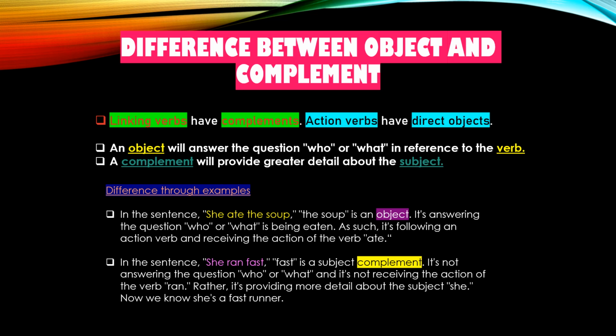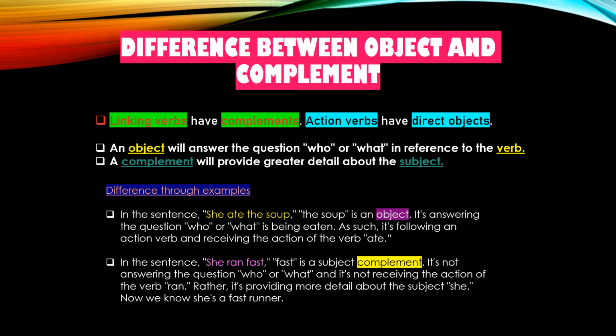So in the sentence, she ate the soup, the soup is an object. It's answering the question of who or what is being eaten, right? As such, it's following an action verb and receiving the action of the verb ate. Next, in the sentence she ran fast, fast is the subject complement.